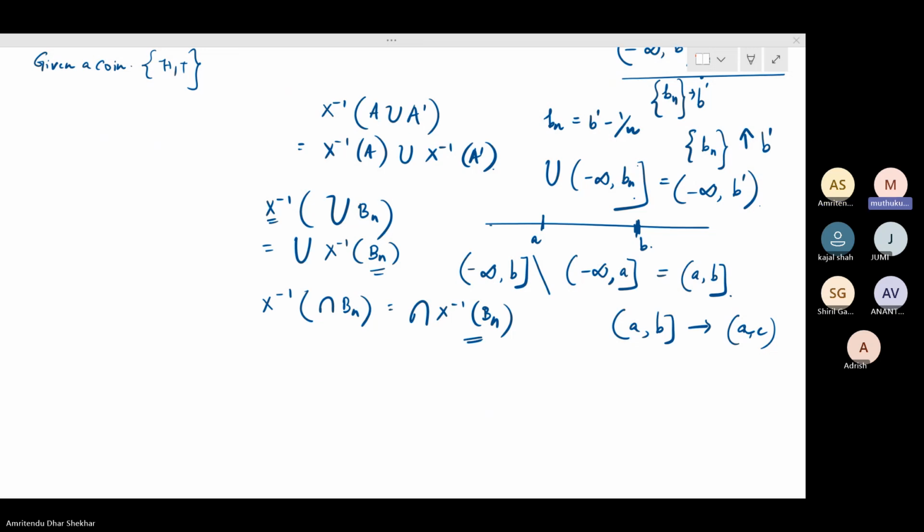One of them is not true, I think. That X inverse of union Bn need not be equal to union of X inverse Bn. I don't know. Okay. One of these two is wrong. Either it is not true for union or not true for intersection. It's true for both of them actually. True for both. Yeah, it's actually true for both.